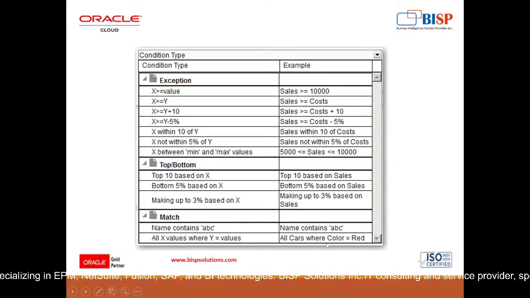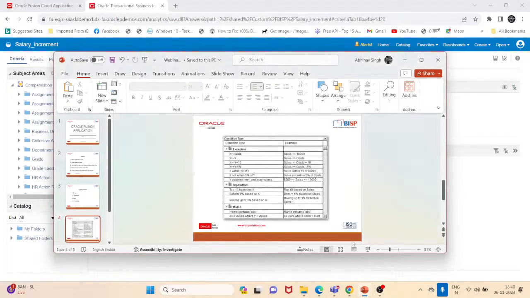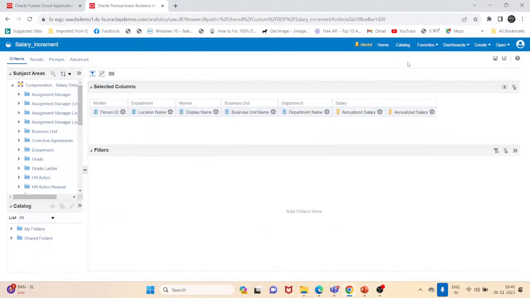The example is also the same: all X values where Y is equal to a value. All cars where color is equal to red. So it is going to fetch us according to the condition.